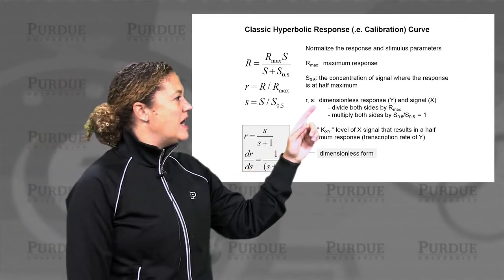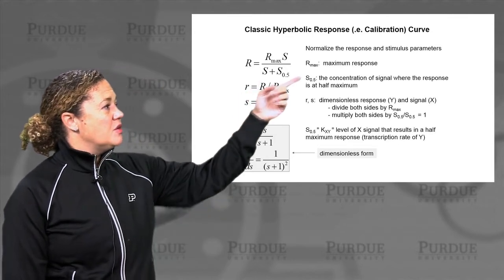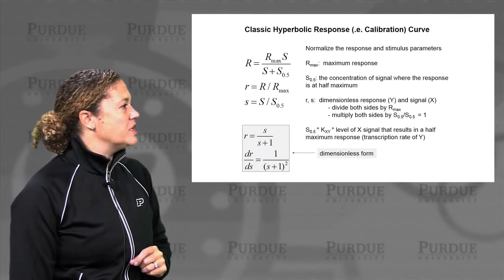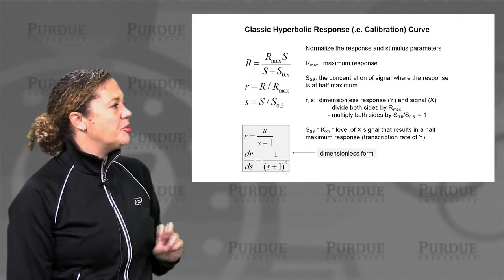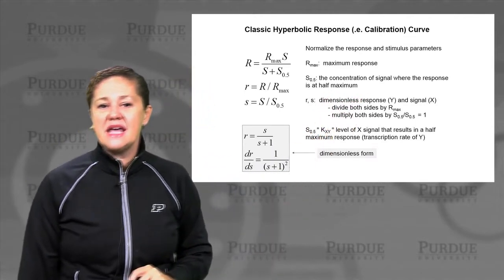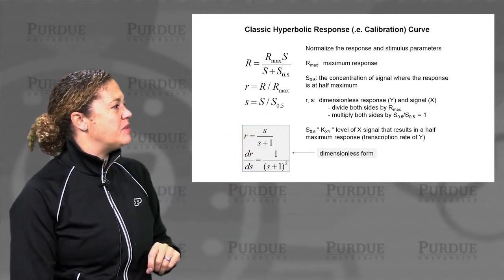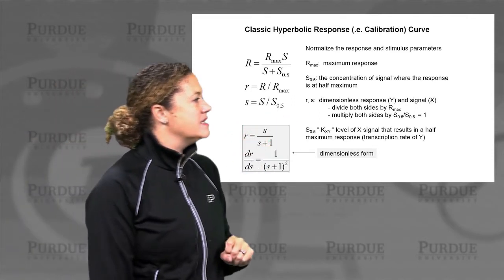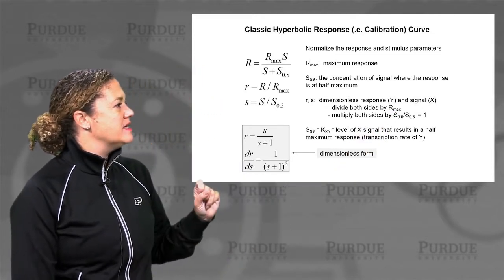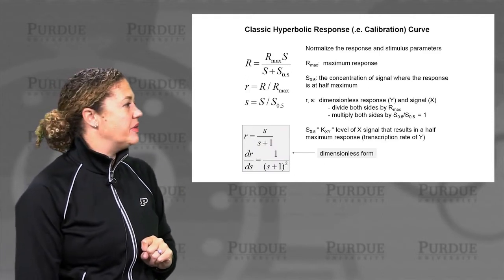And we're going to normalize our signal level relative to what we were previously calling K. Now in our context of sensors, we're going to call this the signal 0.5. This is the concentration of signal where the response is at half maximum. And we're going to define these dimensionless responses, little r and little s, simply by normalizing r to r max and s, our signal, to s sub 0.5.